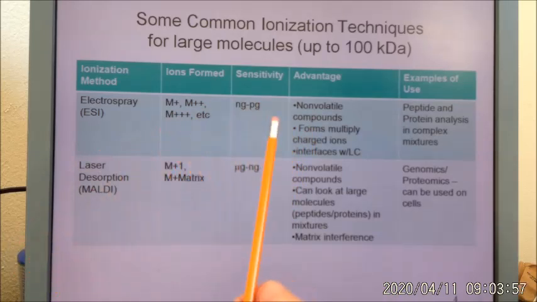Now what's nice is you can form multiply charged ions. What that means is if we're looking at mass to charge ratio, if I have multiple charges on it, then those ratios will still fall within the range of our mass analyzer. So we can actually look for very large molecules.